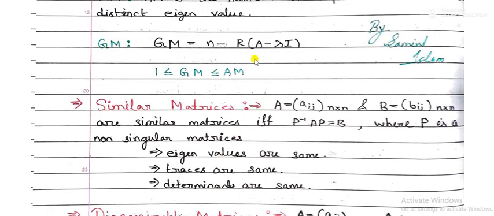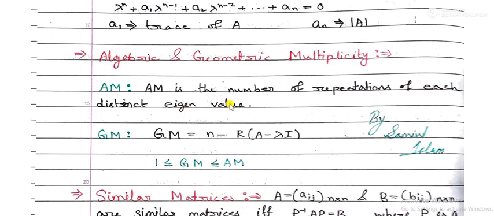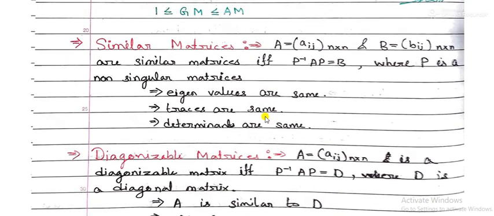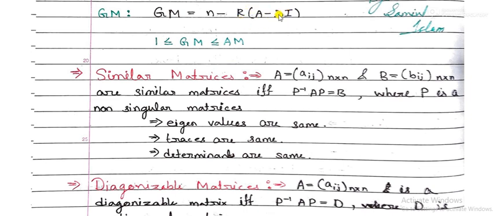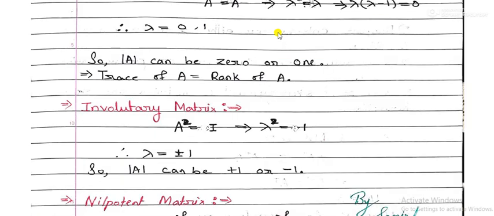But for a nilpotent matrix, lambda to the power p equals 0, that means AM equals p. AM equals p for a nilpotent matrix, but GM is never p, because it is going to be less than n, since it is a linearly dependent matrix.